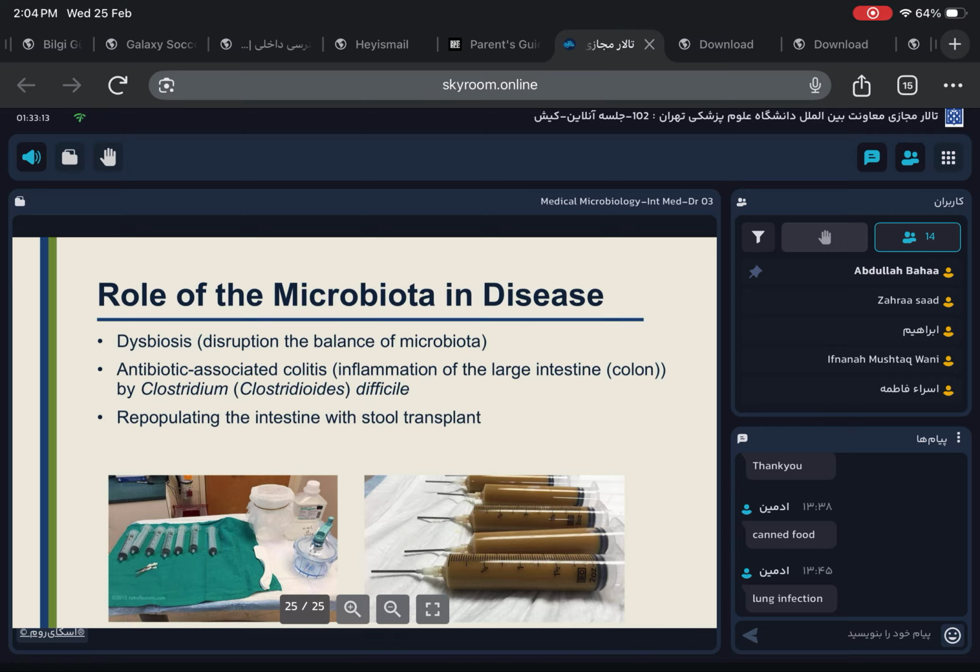So it's not always related to being hospitalized in contaminated hospitals. That's one case, but sometimes the patient already has this pathogen in their intestine, but it has been under control. Now, because of the dysbiosis, they actually develop antibiotic-associated colitis.